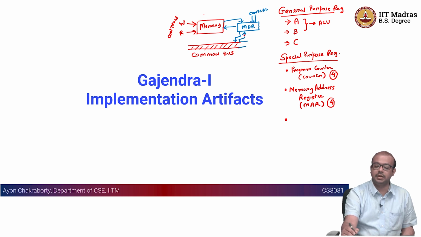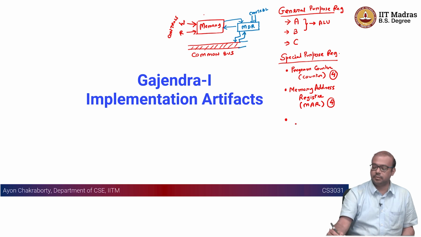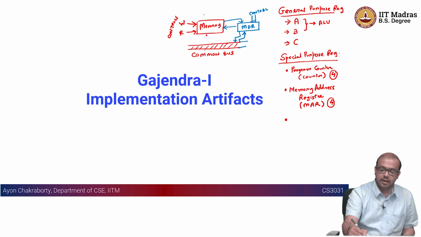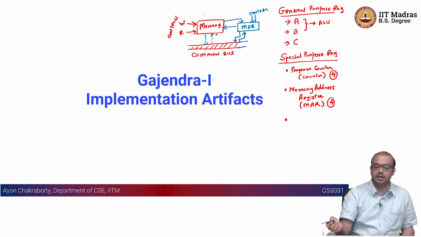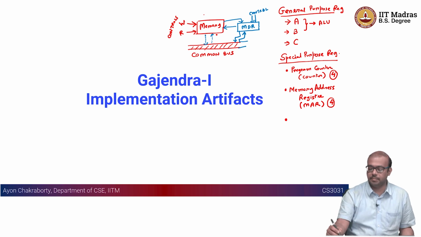So the memory is interfaced to the common bus via this special purpose register. I have not used it explicitly in our design; rather, we directly interfaced the bus with the memory, but of course you can always use this MDR.